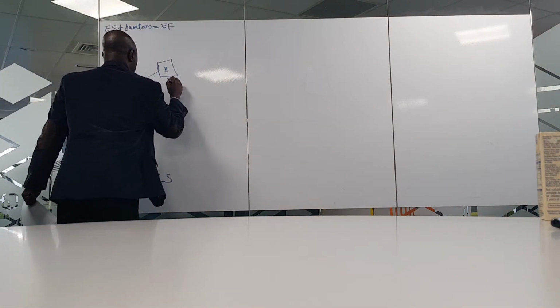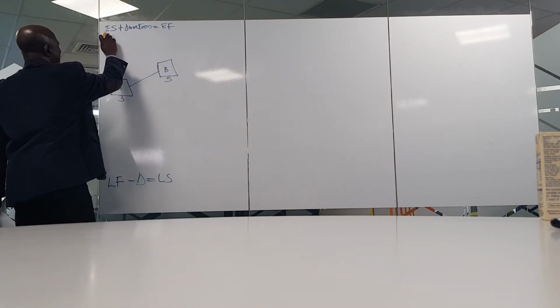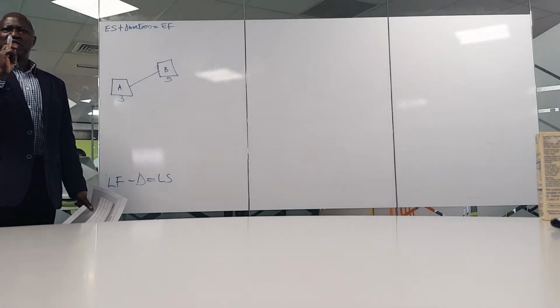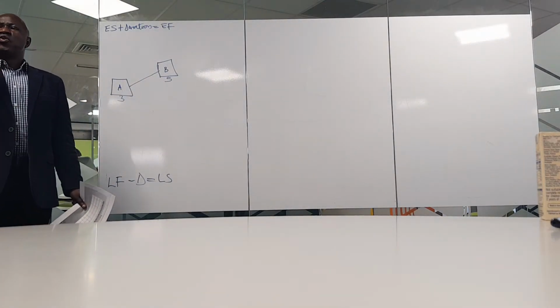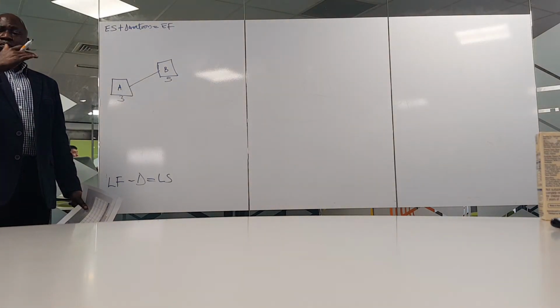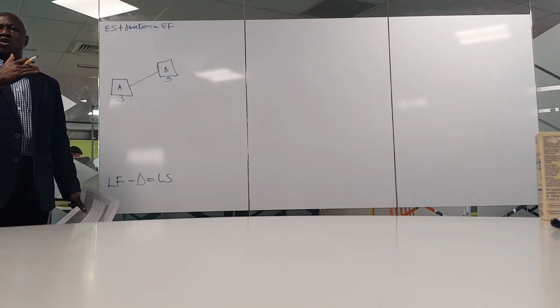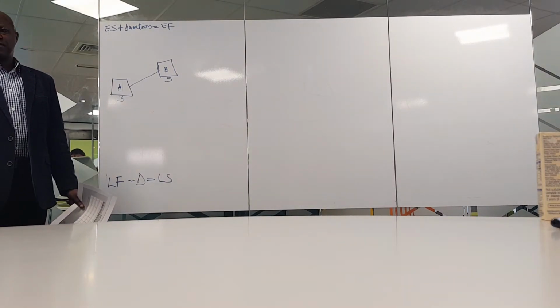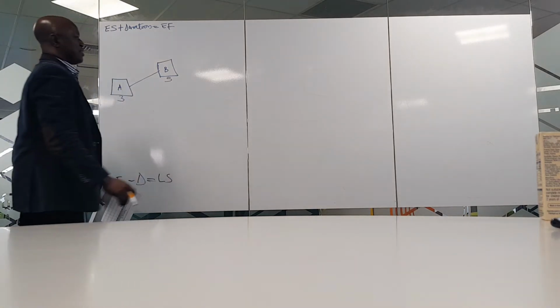Don't forget the formula here: early start plus duration. Every box you have, you must indicate the duration. So when you run your plan, you must ensure that your schedule of activities is drawn up based on days and preceding activities. So we have 5 days.